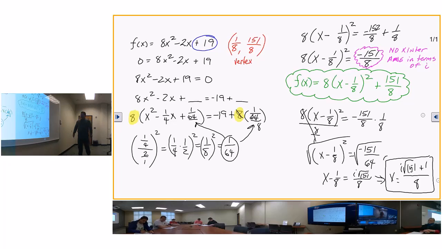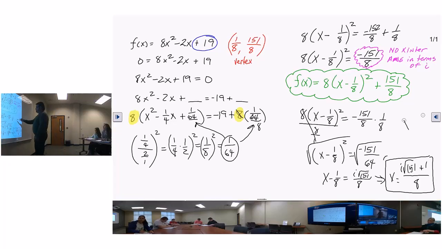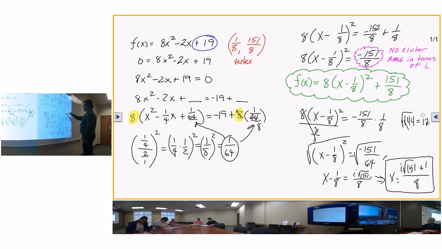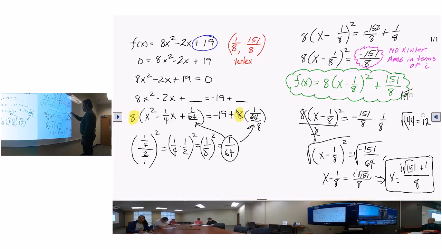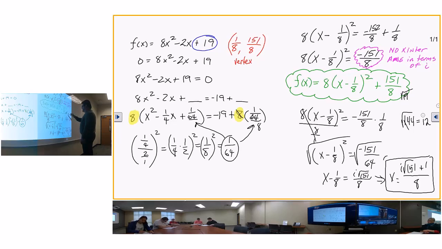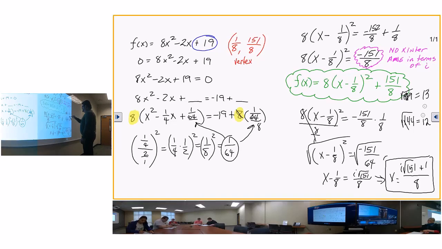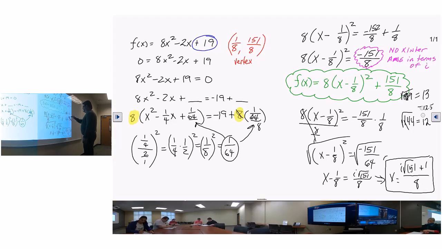Let's go ahead and find the square root of 151. The square root of 144 is what? 12. The square root of 169 is what? 13. So halfway is 12.5.